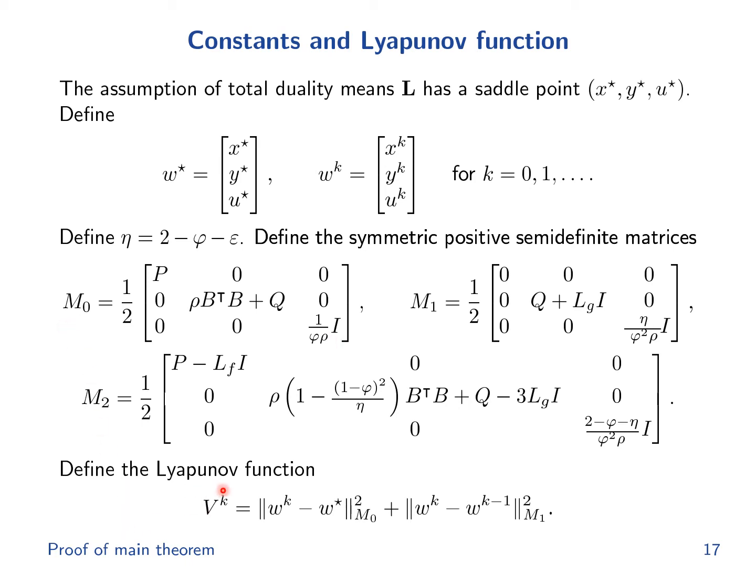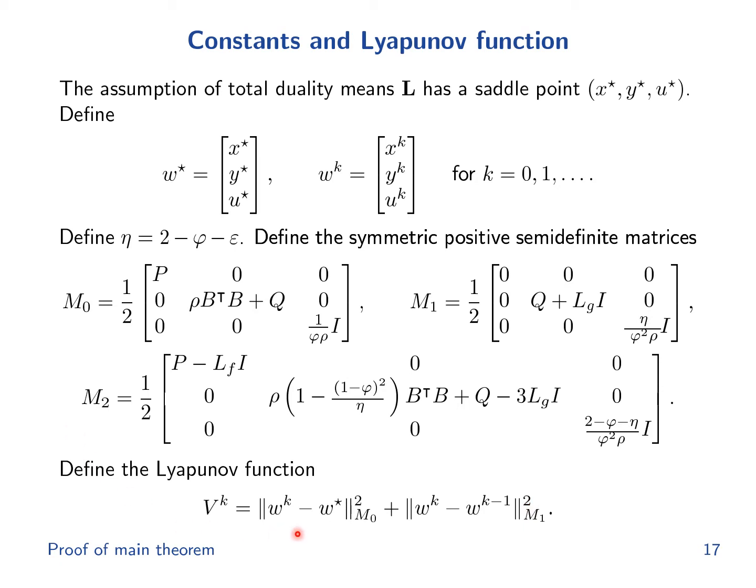And define the Lyapunov function as wk minus w star norm induced by M0 squared plus wk minus wk-1 norm induced by matrix M1 squared, and we will use matrix M2 later.